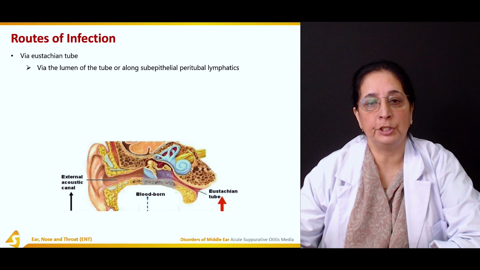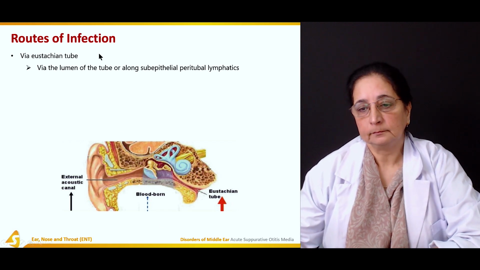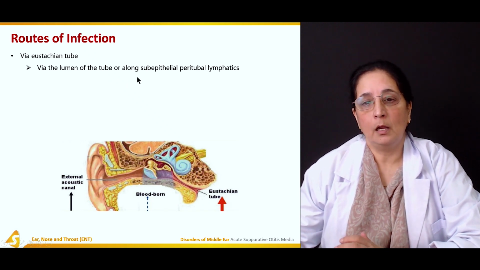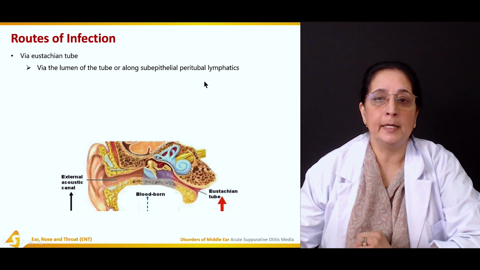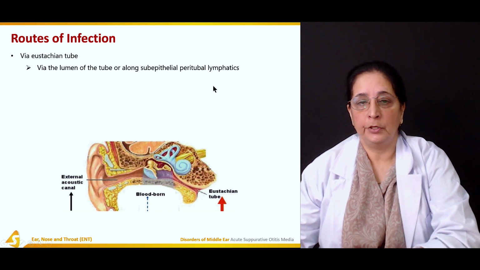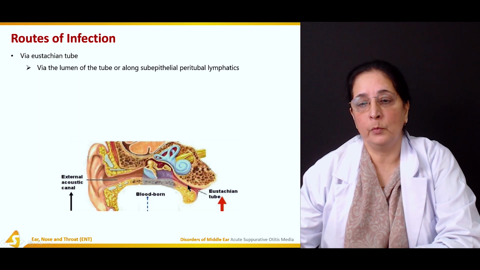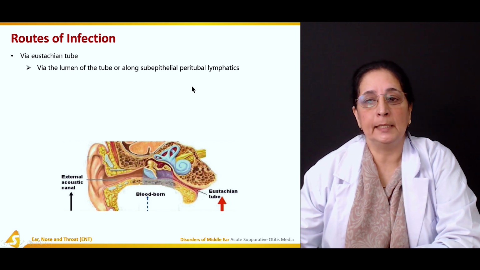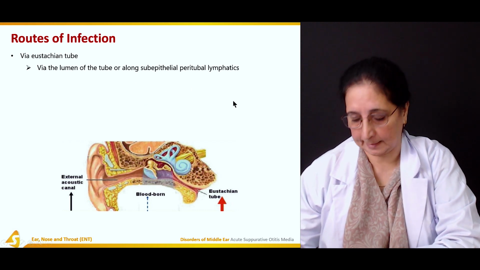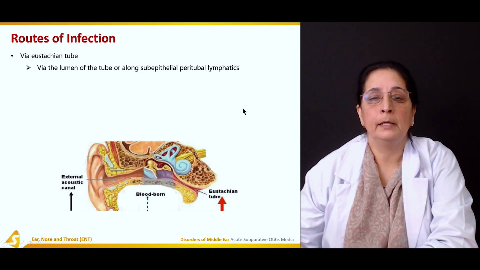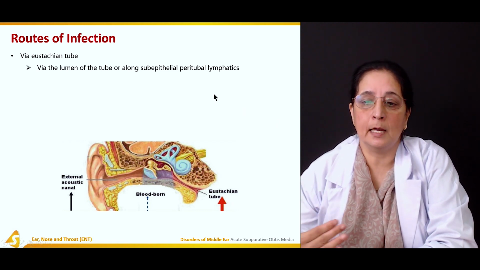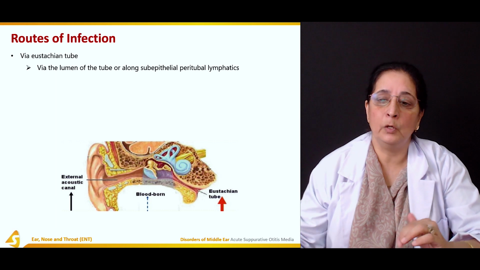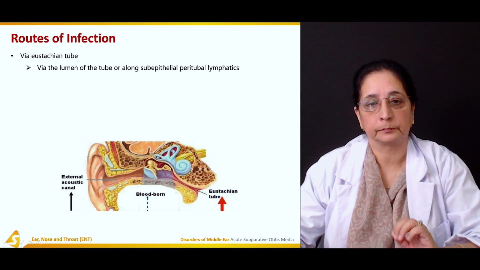So, routes of infection: the eustachian tube, through the lumen of the tube or along subepithelial peritubal lymphatics, meaning the lymphatic system or lymph nodes present around the tube. So it spreads either through the lumen or through the lymphatics.